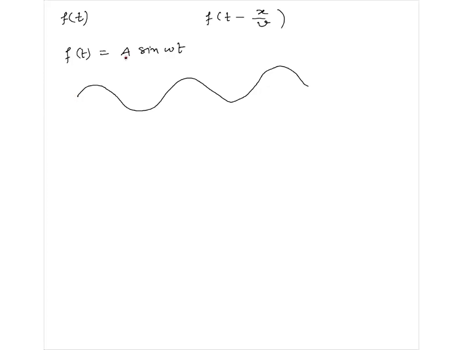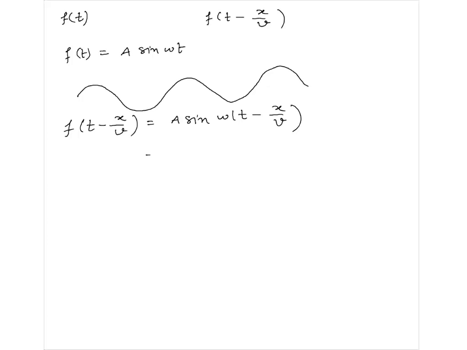So for this particle, if it is this, then this is what it would be for a general particle. And when we say for a general particle, it is the equation of the progressive wave.